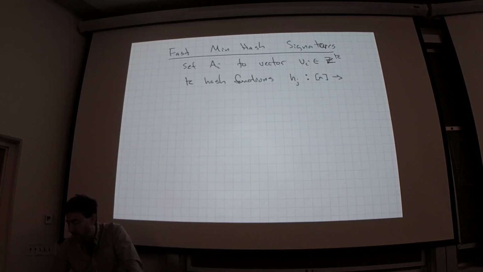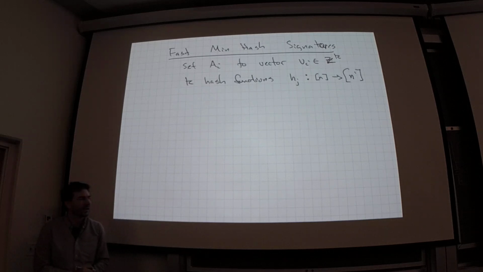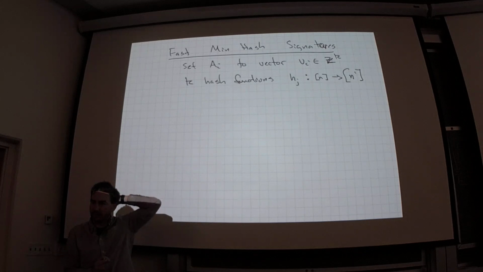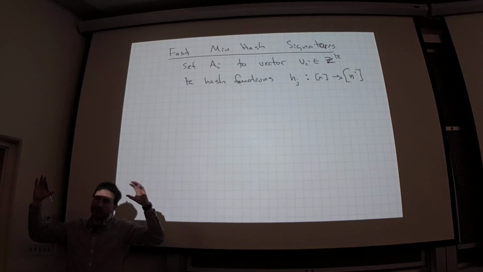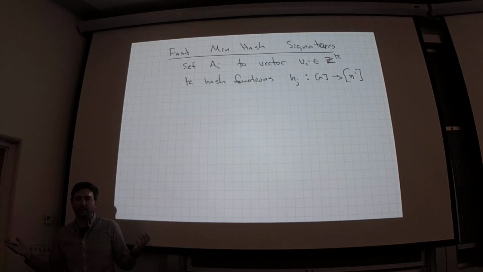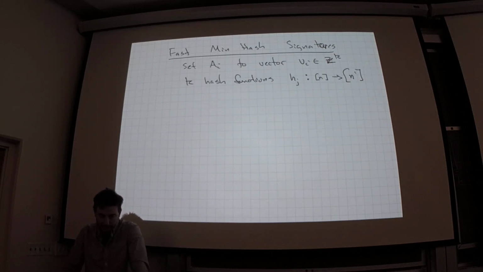Let's say this is of size n prime. I'll discuss how big n prime needs to be. When we talked about these hash functions, it's this m quantity, how big we want that to be. Maybe it's the same size as n, maybe it's smaller. It's not going to matter too much.